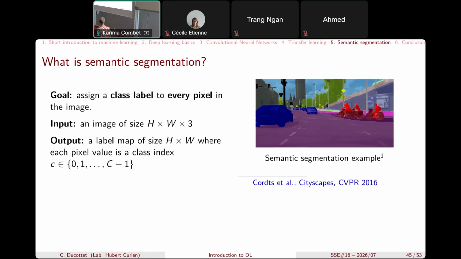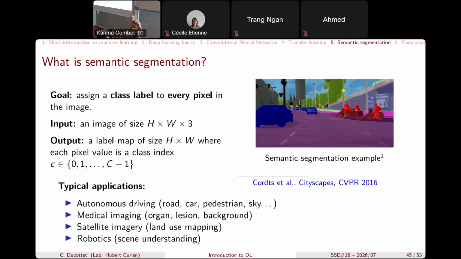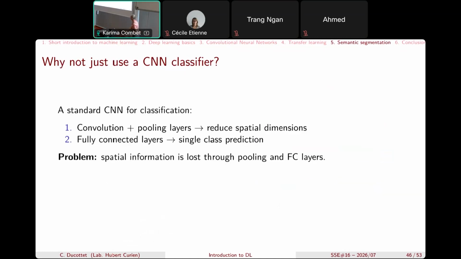You want to know where the car is, where the road is, where the pedestrians or the people are. So you want as output an image where each pixel tells you what kind of object or class you have. This is different from what we did before, because before we had only one value as output.